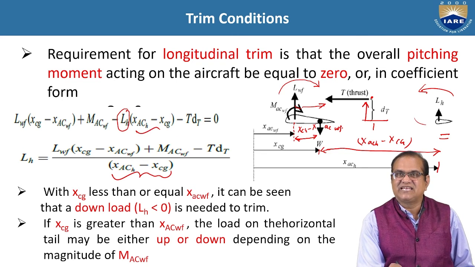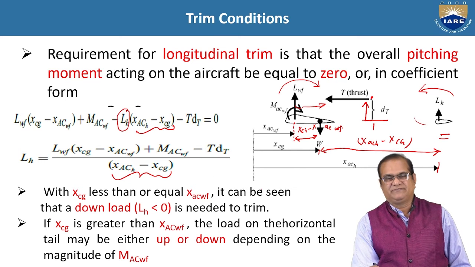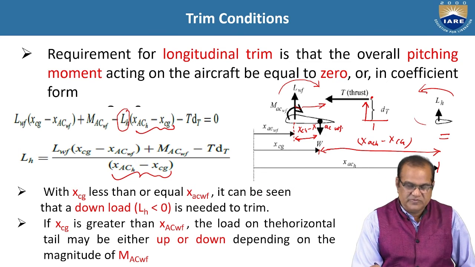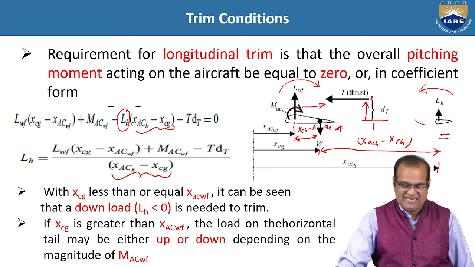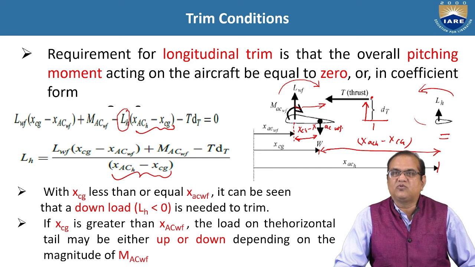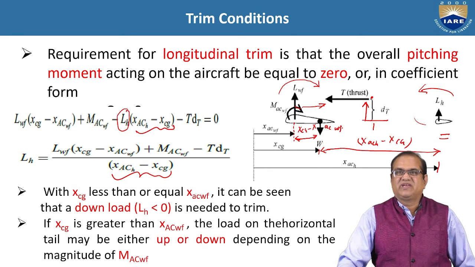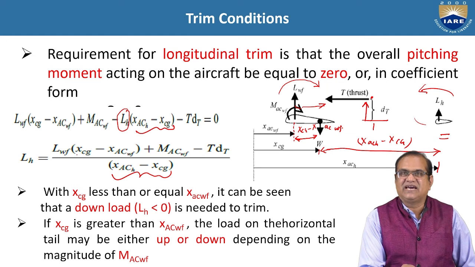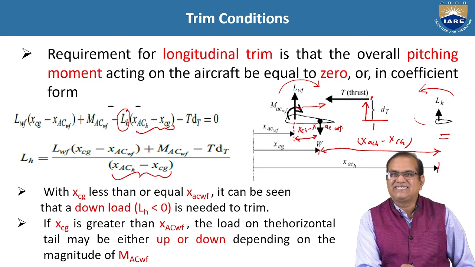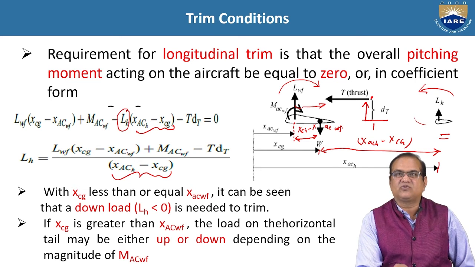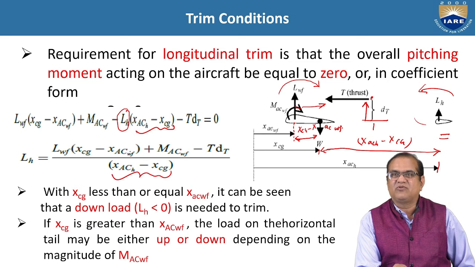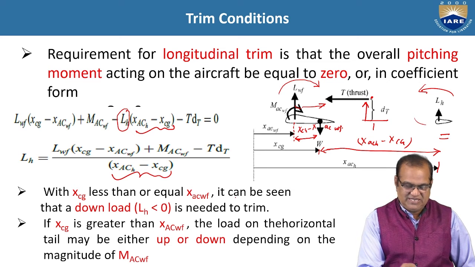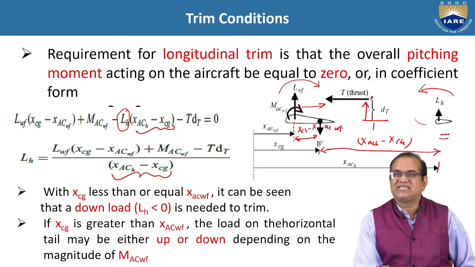This is the distance by which we have to divide. So with XCG less than or equal to XACW, it can be seen that a download, LH less than 0, is needed.